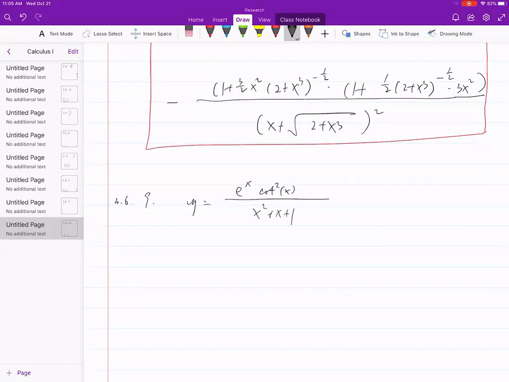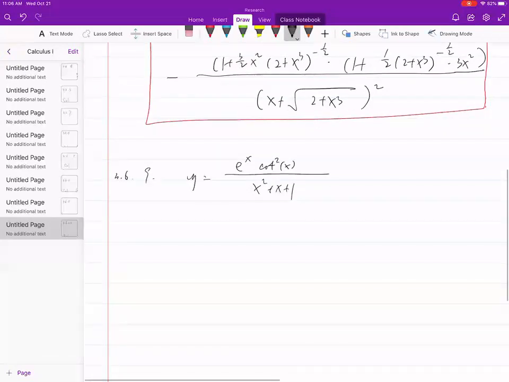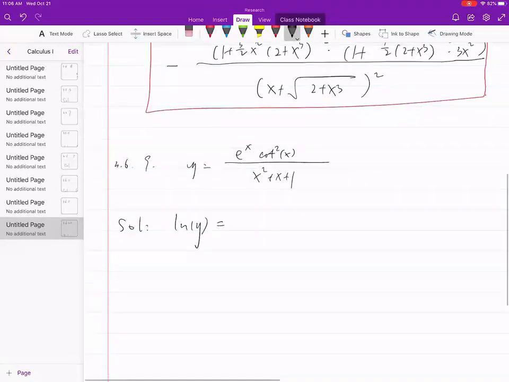Do you want to use ln or not? This one has some product power and things like that. So I think this one is right on the edge. You can either do quotient rule or ln. So for illustration, I just do ln. But if you do quotient, I don't think it's going to be too hard.